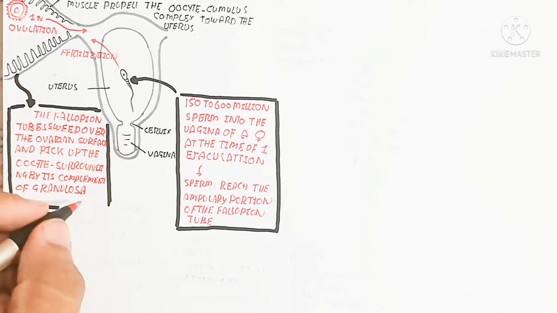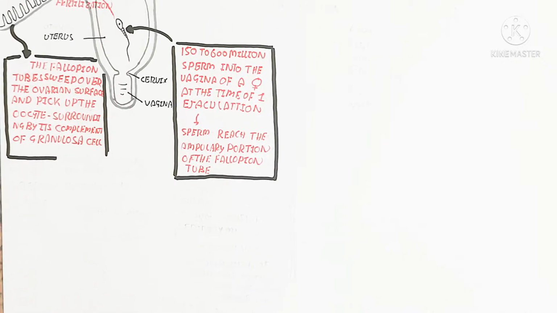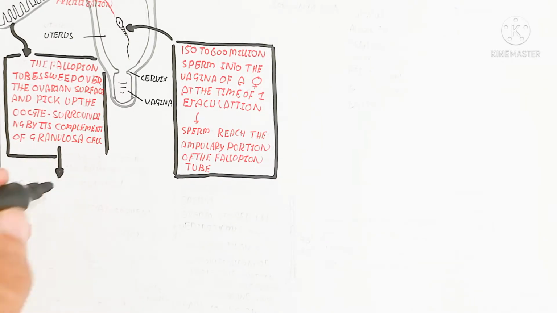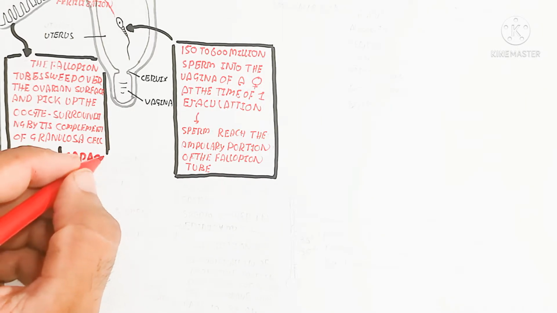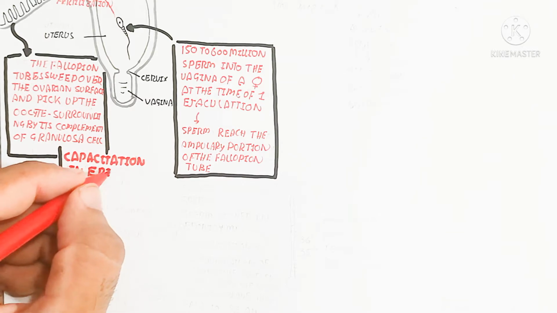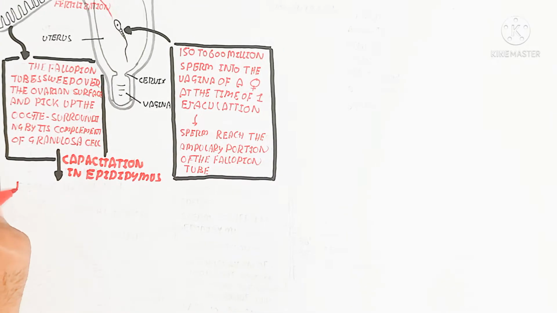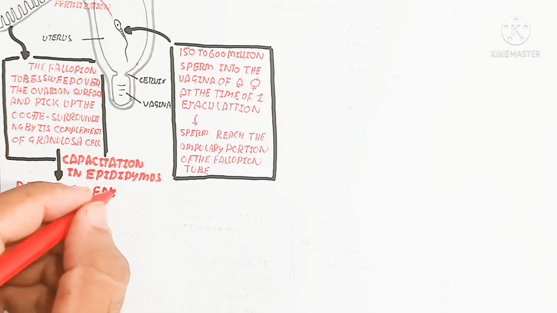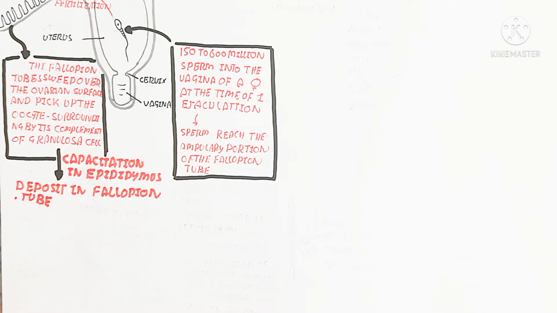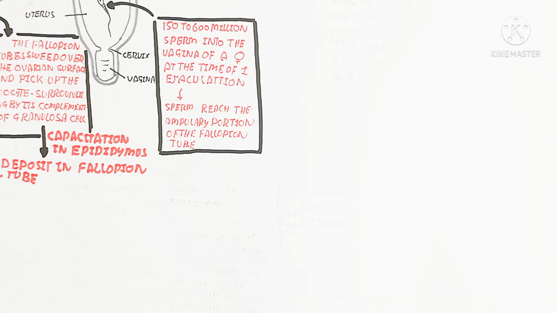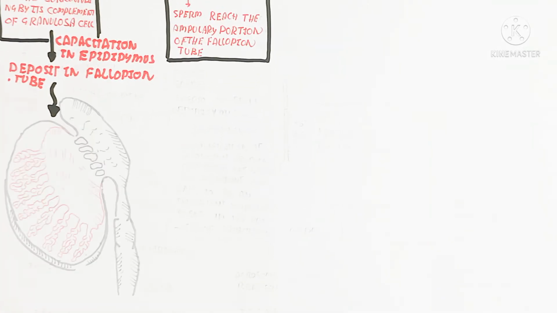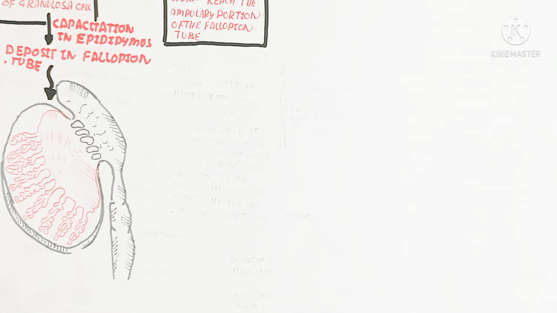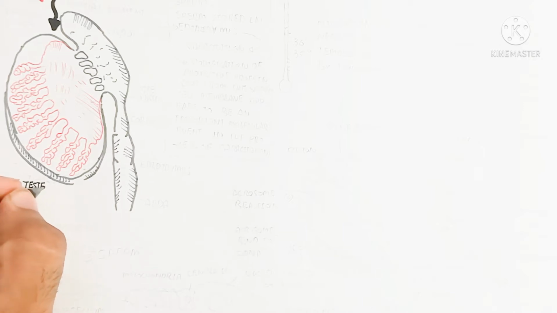For the sperm to be able to fertilize, it needs capacitation, after maturation in the epididymis. The maturation of the sperm occurs in the testes, and a sub-part of the testes contains the epididymis. Here I am drawing the testes to understand where meiosis occurs. Here are the seminiferous tubules, interconnecting with each other like this, and they play an important role in meiosis.